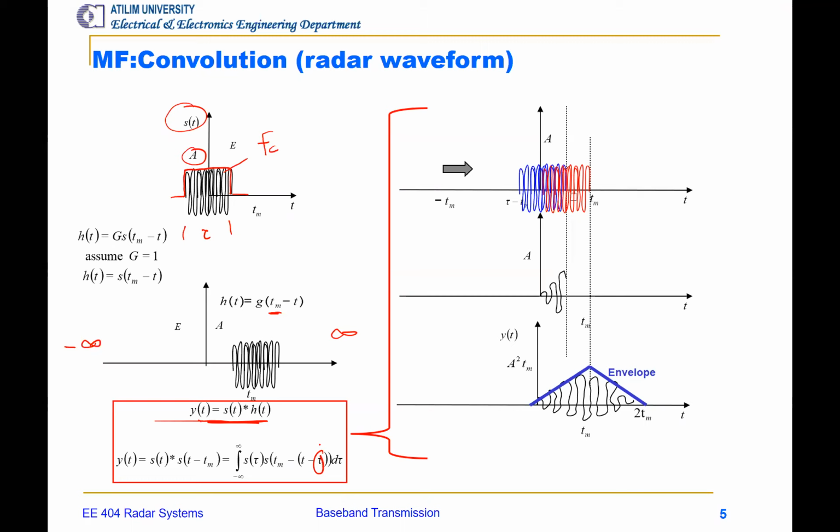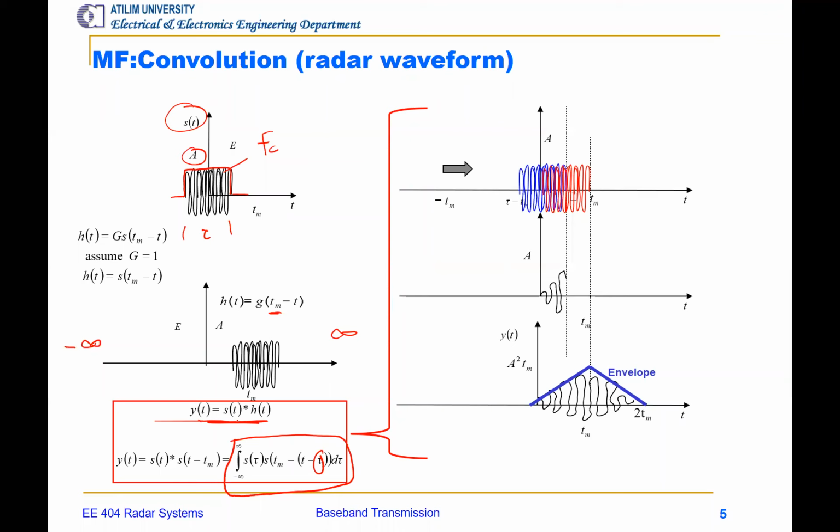So for every new tau value, we look at the input signal and the impulse response of the filter and determine the overlapping area and then get the output signal. This is a simple integration, as you can see here. We can do this in discrete form as a summation.